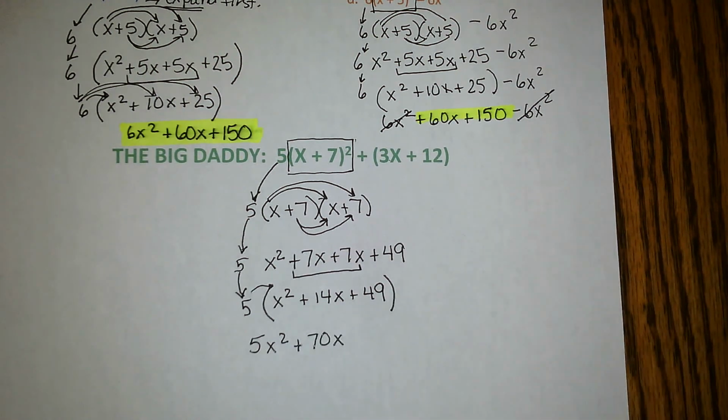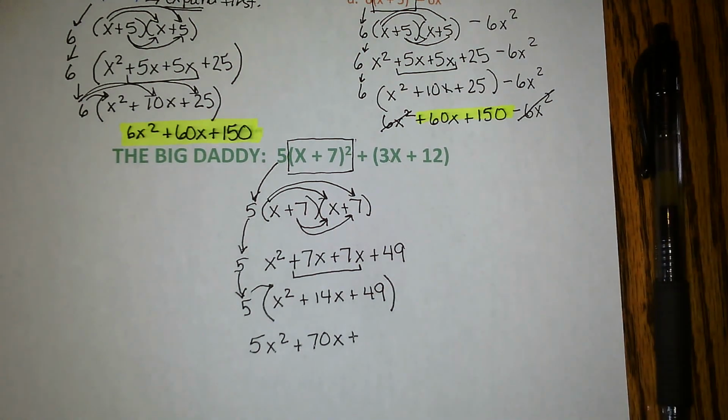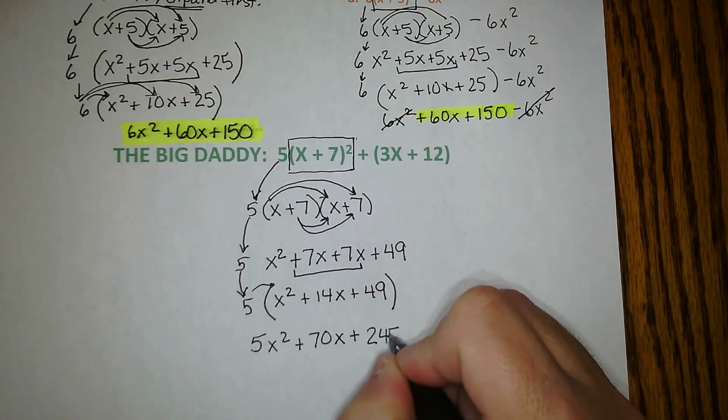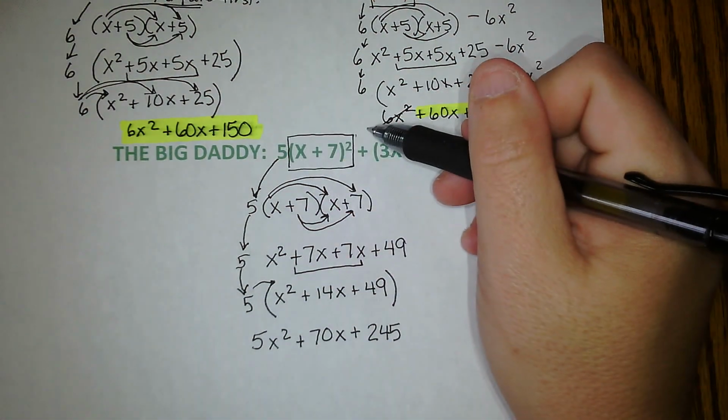Sorry, that's a 14x. And 5 times 49 is, hold on a second, checking my math here, 245. Okay, and that takes care of the first half.